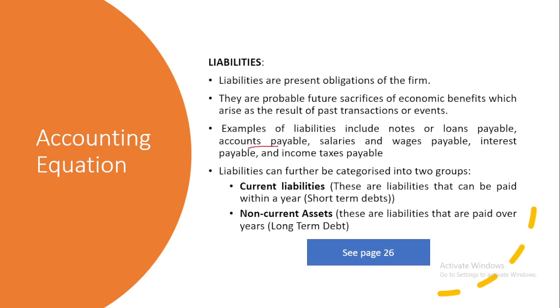When you buy something from your supplier on credit, you are expected to repay that within a year, so this will be classified as an account within current liabilities. Salaries and wages: you pay your employees on a monthly basis, so this account will be classified within your current liabilities. Interest payables also have to be paid within the year, so they will be classified under current liabilities.